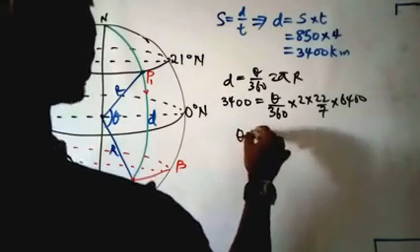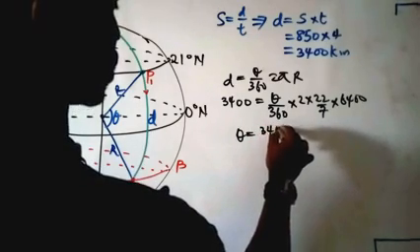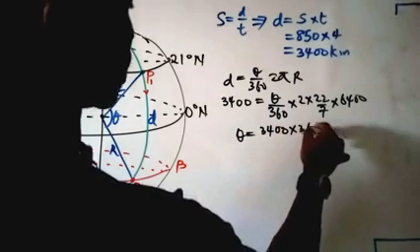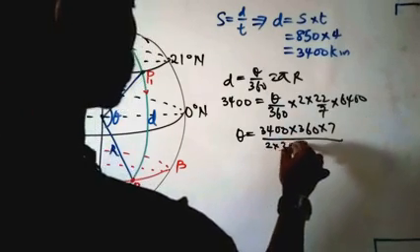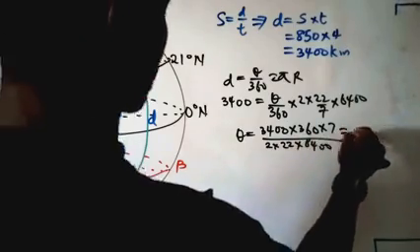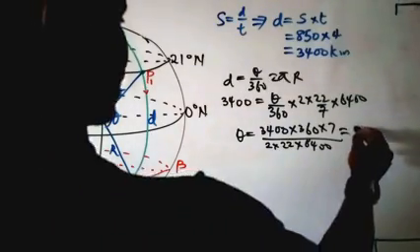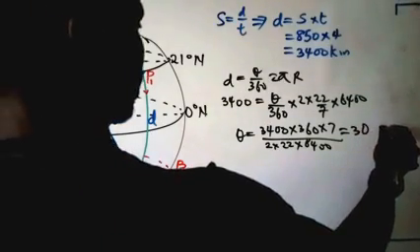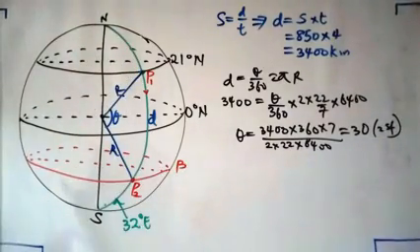So my theta in this case, when you do all the cross multiplication, that will give you 3,400 times 360 times 7 over 2 times 2 times 6,400. When you calculate theta, you will get 30 to 2 significant figures. All right, that is my theta, and that is not what I'm looking for.